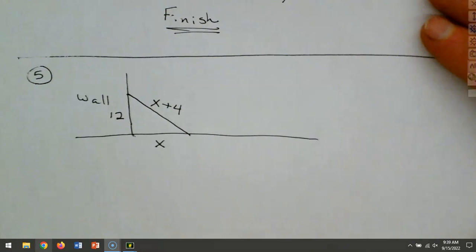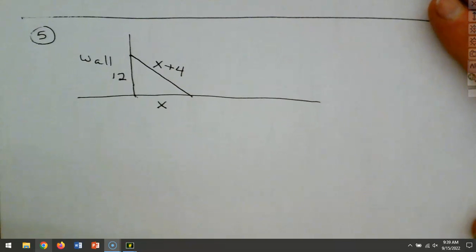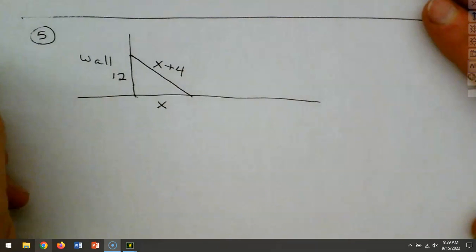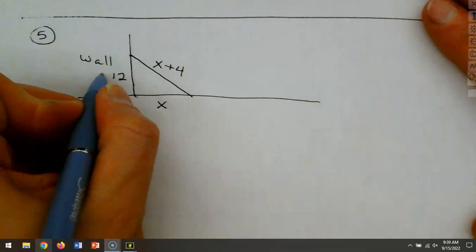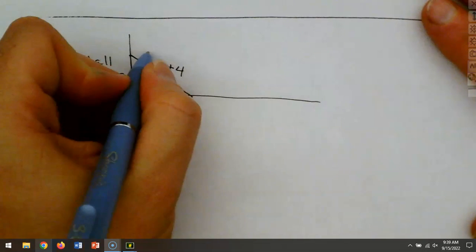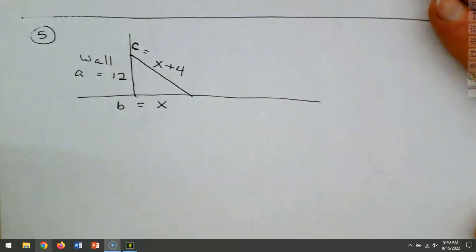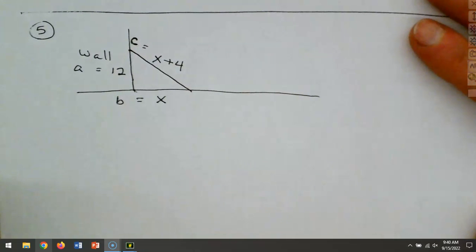Now, what kind of figure do we have here? We've got a triangle. When we have a right triangle, what can we use? We can use our Pythagorean theorem. So we go ahead and label these. And we need to make sure that the c is always the diagonal. That's the only important part. c has to be the hypotenuse or the diagonal.